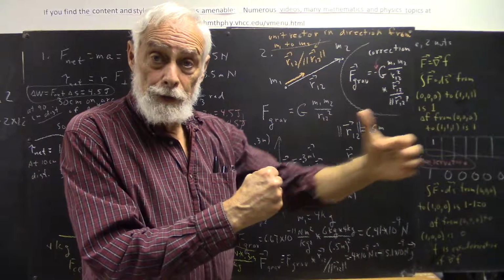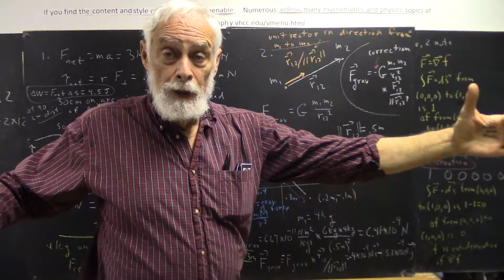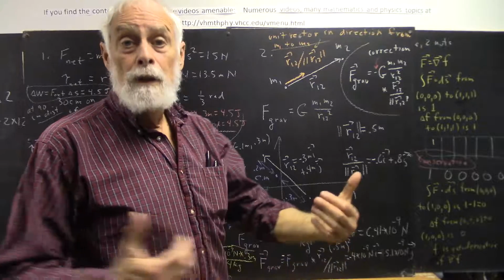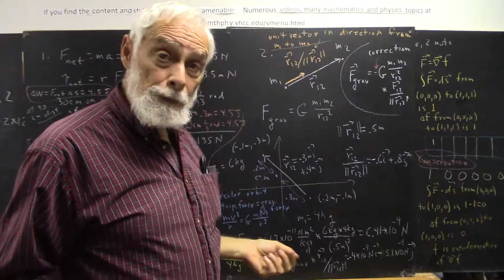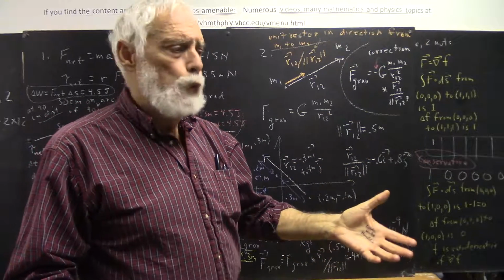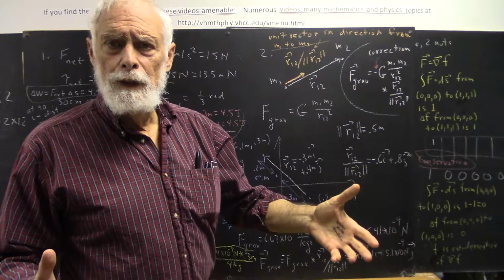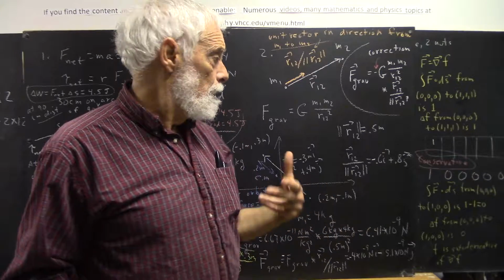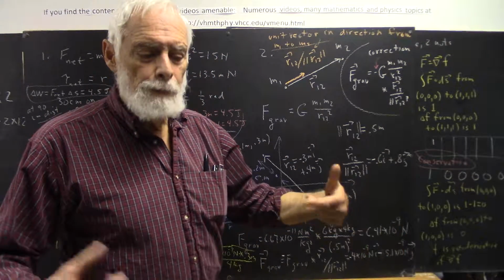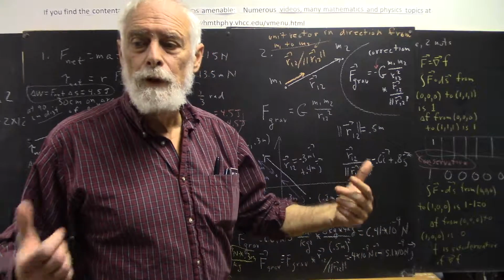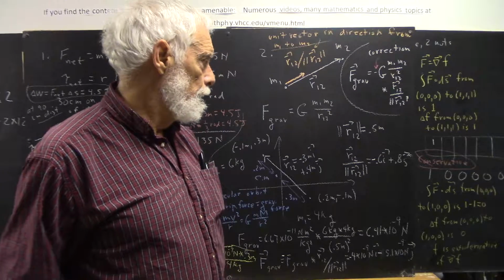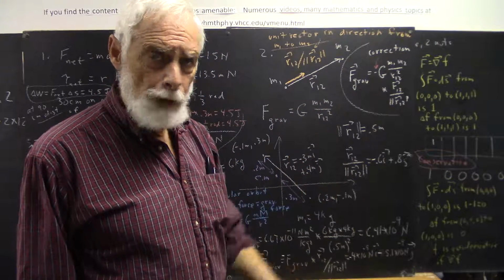Now, if I want to look at a greater distance, I've got to spread the mass over a bigger sphere. And if the sphere doubles in radius, what happens? Its surface area, the area over which the gravitational influence is spread, gets 4 times as great, because the surface area of a sphere is proportional to the square of the radius of the sphere. So it makes sense to have an r squared down here. Just makes intuitive sense. It fits with our intuition.